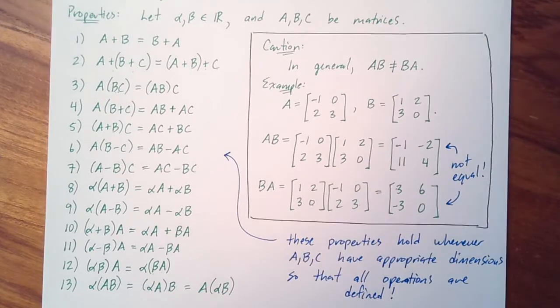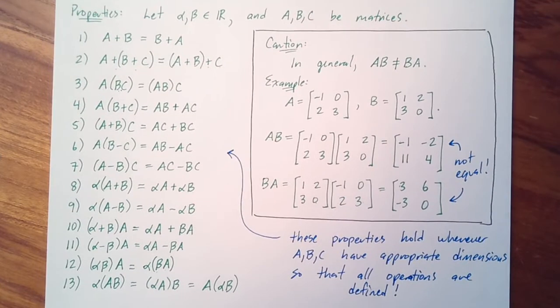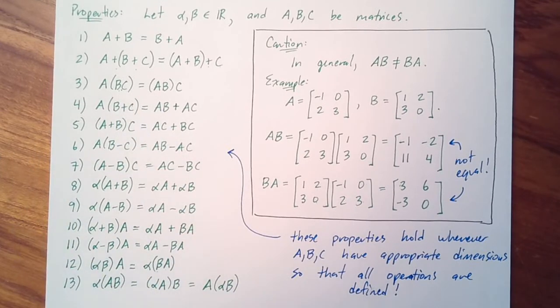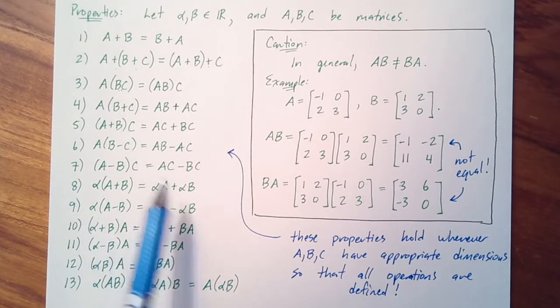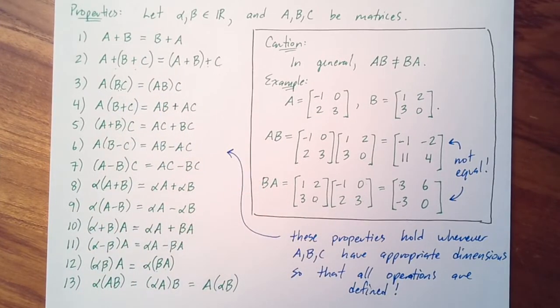And if A, B, or C has a particular set of dimensions so that either the left or the right-hand side of any of these equations is not defined, well then the other side of the equation will also not be defined. So really, when these things make sense, these properties tell you they're going to be equal. That's how you should interpret that.